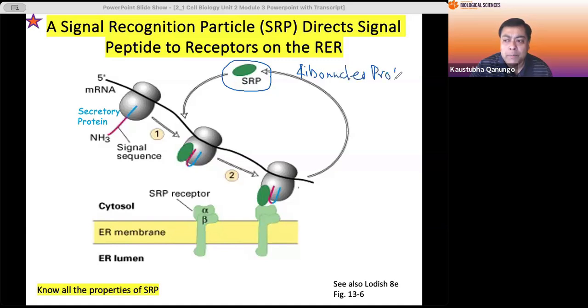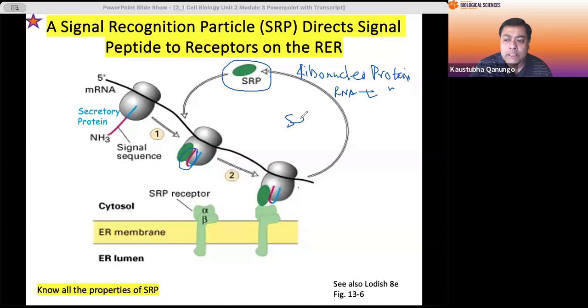a ribonucleoprotein, because it is made up of RNA plus protein. So this is called the SRP. The SRP has some grooves which are hydrophobic. So immediately, with the hydrophobic groove, it will cover up the hydrophobic signal sequence.